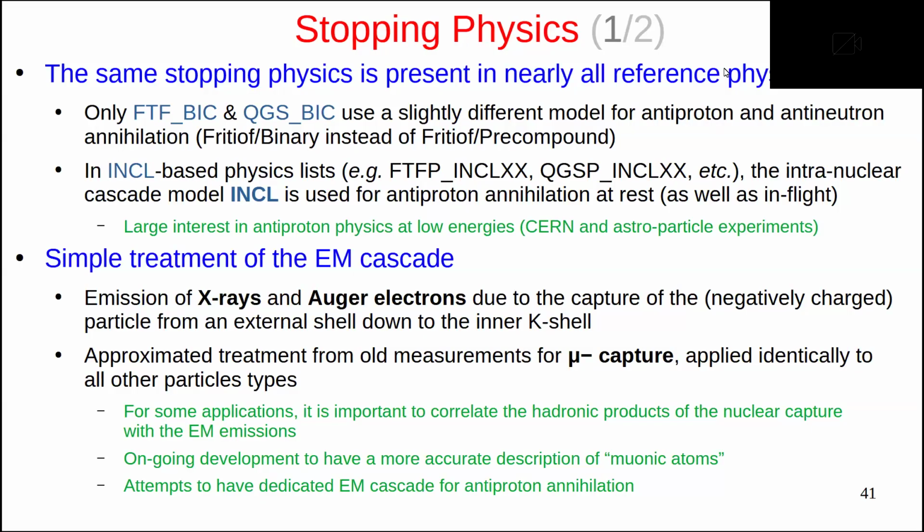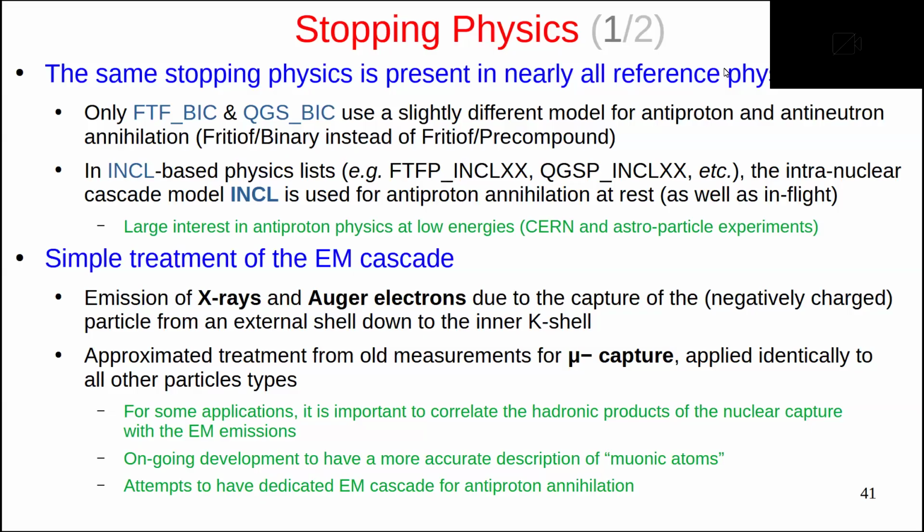You see that the P is missing because the coupling of the string model, Fritjof or QGS, is not made with the pre-compound, the excitation, the P that you have seen several times, but this time with the intranuclear cascade, the binary intranuclear cascade.